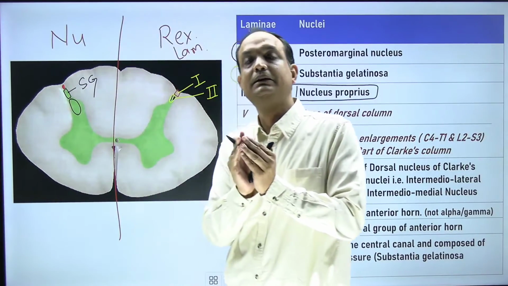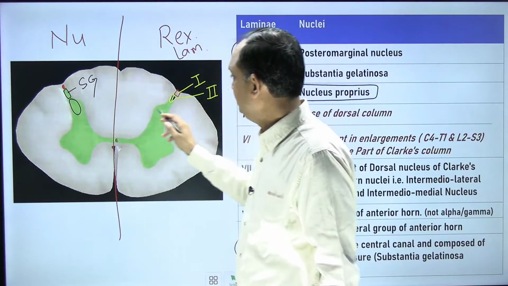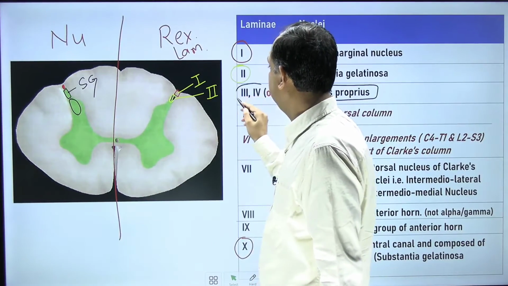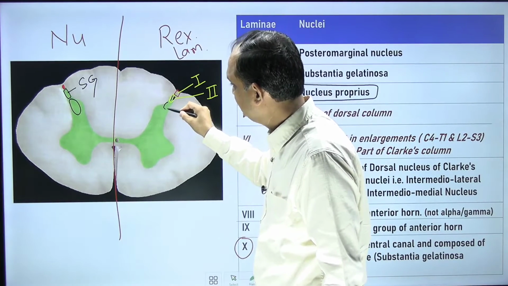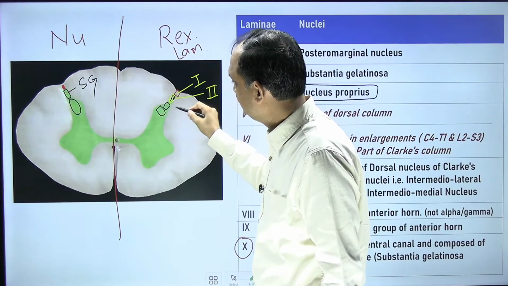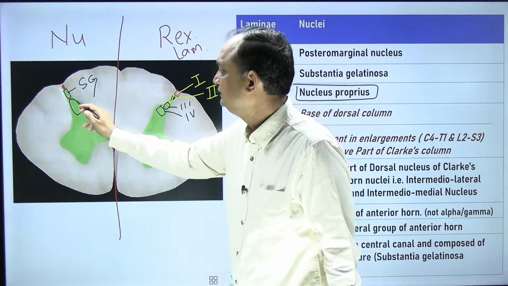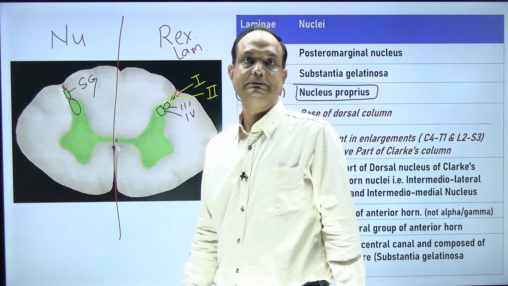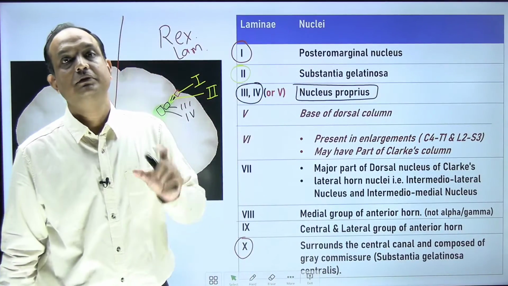It occupies a little larger area because it has more neurons. So when you draw it, it generally occupies two laminae, lamina 3 and 4. I am drawing lamina 3 and lamina 4. Both of these laminae are for the nucleus proprius. Clear? Now, there is some variation in the books.